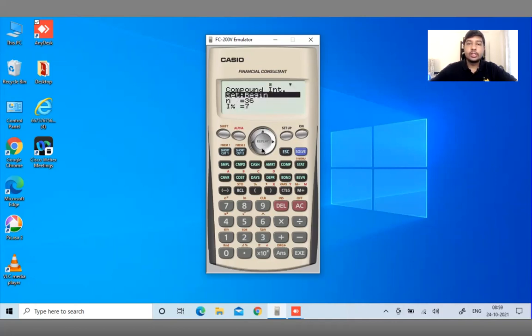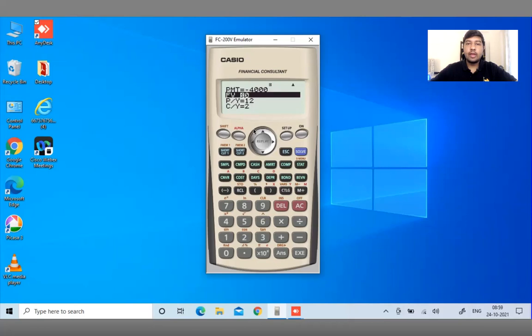Once you have input all the values, it's good to check whether your input values are correct, because even if one input is incorrect, it might lead you to an incorrect answer. So after checking that, let's say we need to calculate FV.